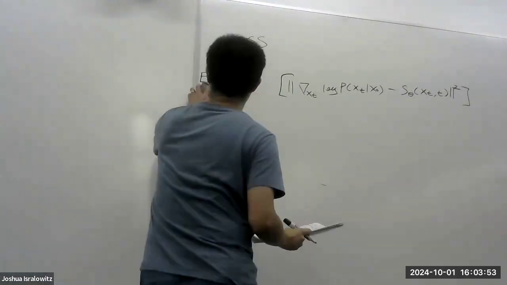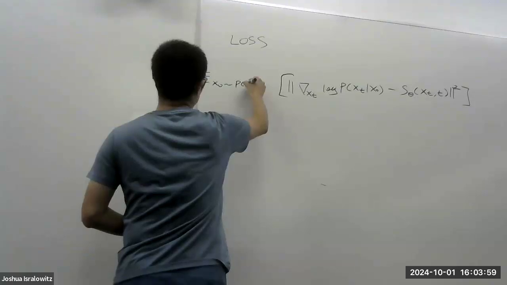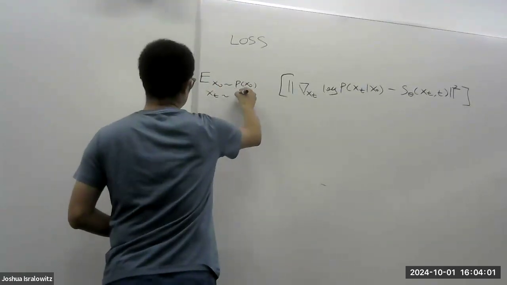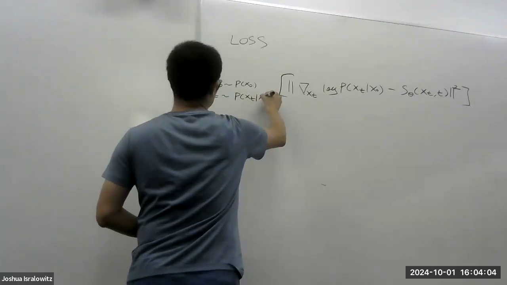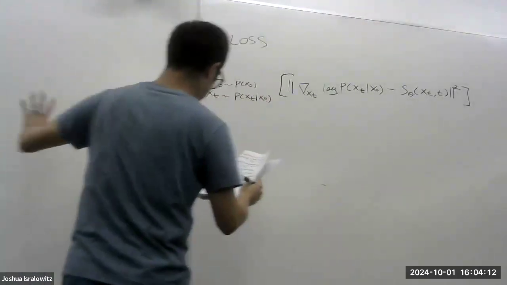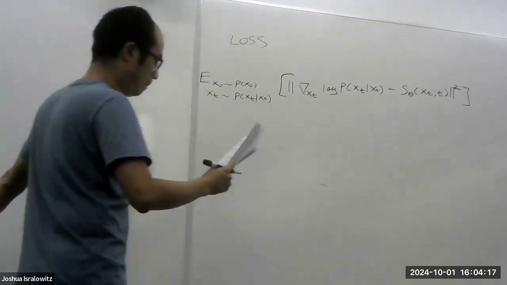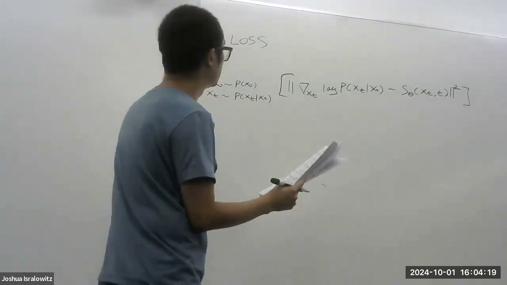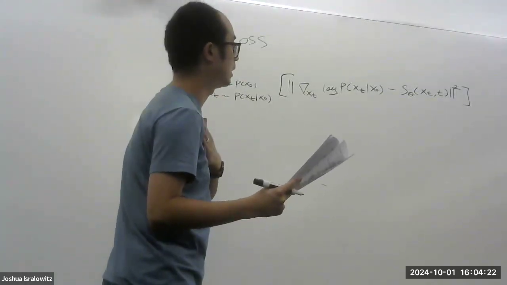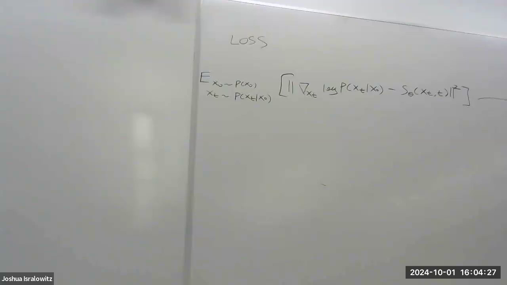Then x0 actually follows the distribution of x0 and xt samples xt. So that is not exactly this one, right? But I don't have time to talk about why this is actually the same. These two are equal.